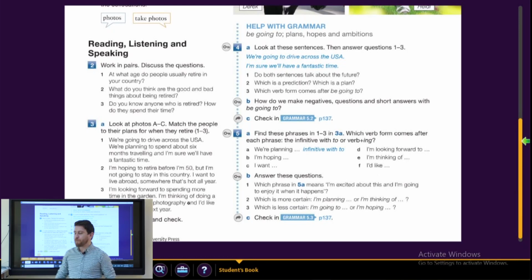I'm not very sure. And the final one, I'd like. I'd like and I want are actually the same. The biggest difference between these two is we use I'd like to sound more formal. I'd like is also followed by to infinitive.